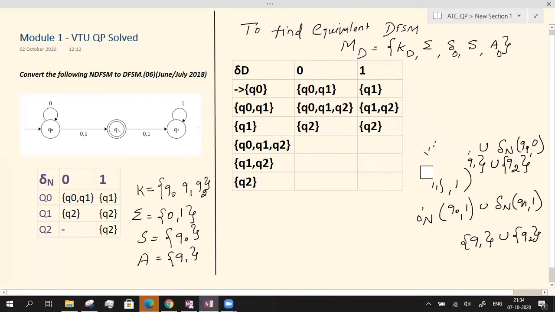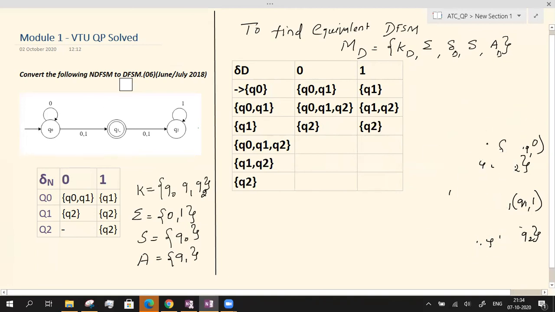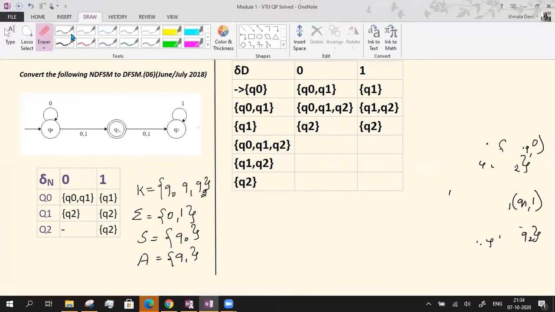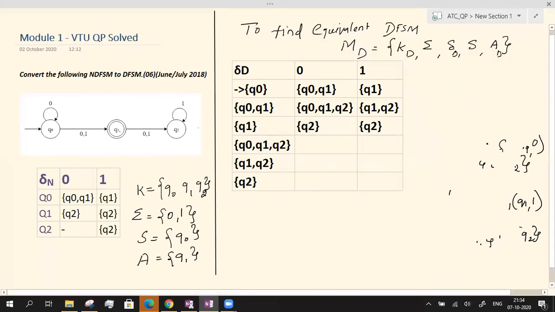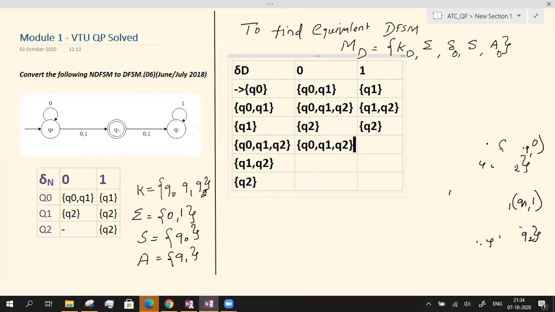Now from the state {Q0, Q1, Q2}, we have to define the transition on 0. So refer to the transition table of NFSM here. From {Q0, Q1, Q2} on reading 0, we have to find the union of all these. It is nothing but once again {Q0, Q1, Q2}, isn't it? So the same thing we write here.